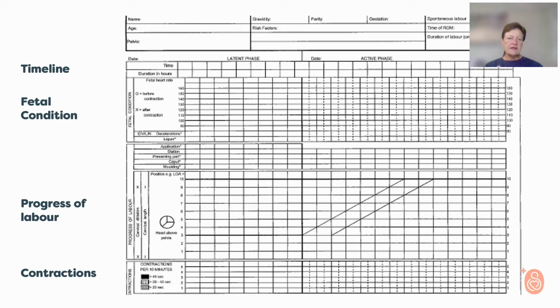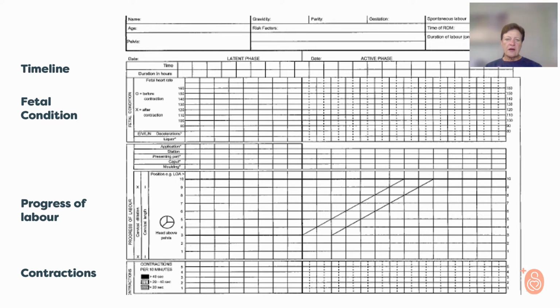As I've said, there are different partographs being developed by the World Health Organization. In South Africa, we have the one that's been developed by the Department of Health, and then many of the private hospitals have developed their own partographs, but they are all based on exactly the same principles, and we will talk about the principles now.